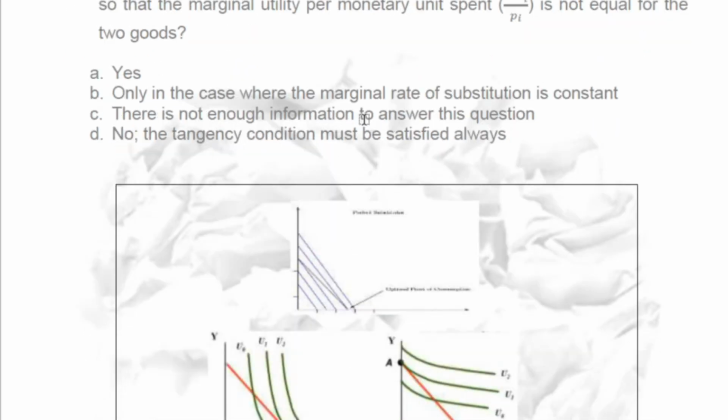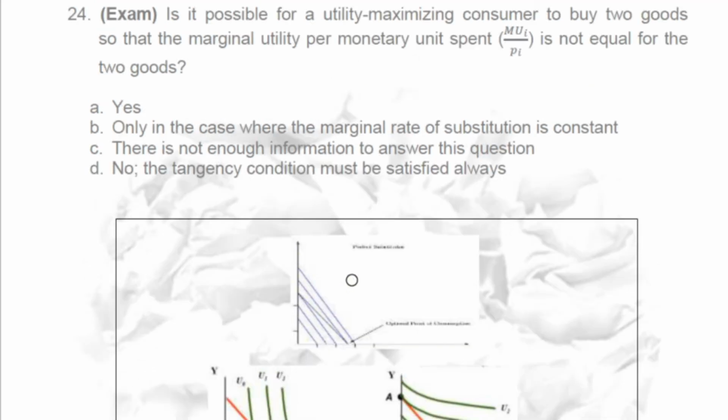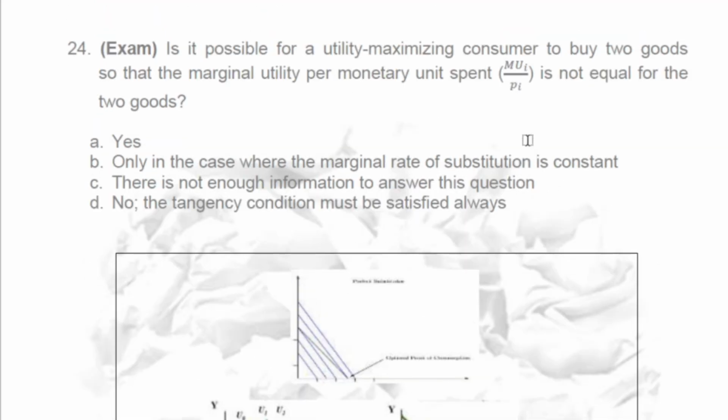For example, in perfect substitutes, we have here the maximum, and the MRS, the slope of these blue indifference curves, is different from the price ratio. And if the MRS is different from the price ratio, then the marginal utility per monetary unit spent is different for both goods, as I explained to you some questions before.